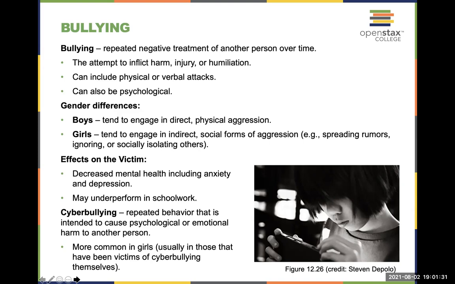As has already been pointed out, boys tend to engage in direct physical aggression, and girls tend to engage in indirect social forms of aggression, like spreading rumors, ignoring, giving the cold shoulder, isolating. And then the effects on the victim, obviously, are decreased mental health, anxiety, depression.